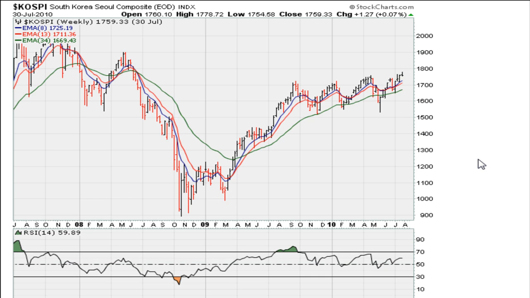This area here is uniform, so that's a buy signal. And again, it does the same thing with another. I'm just drawing uniform. So this becomes a sell signal. The same line giving you buy signal, sell signal, buy signal, sell signal. And that's what that Kospi market was doing between 2009 and 2010.